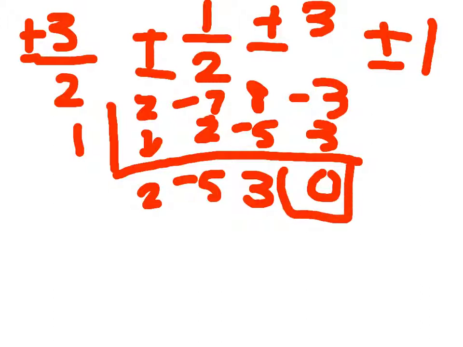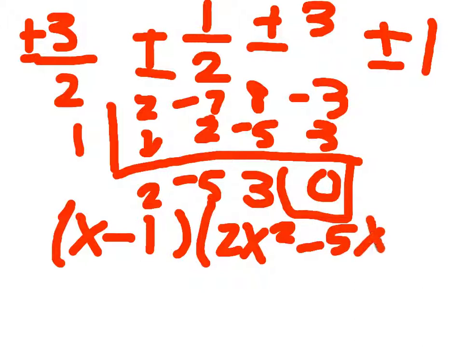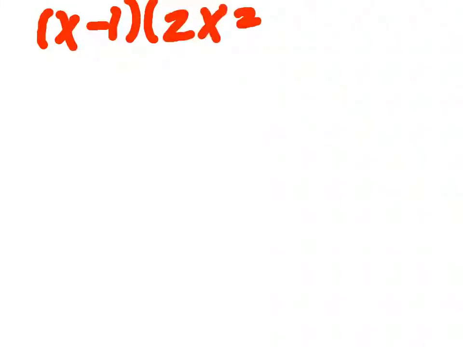So then we can figure out that x minus 1 times 2x squared minus 5x plus 3, which is what we got when we used synthetic division, is equal to 2x to the 3 minus 7x squared plus 8x minus 3.